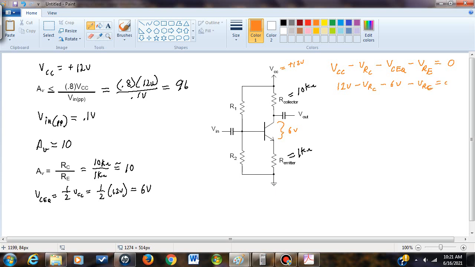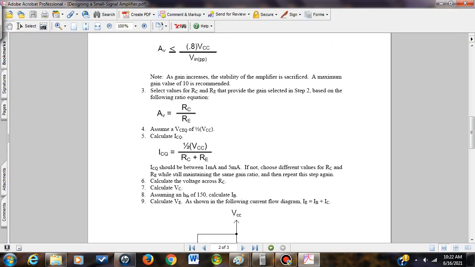So 12 minus 6 leaves us with 6 volts, minus the voltage drop across the collector resistor, minus the voltage drop across the emitter resistance, and that's going to give us 0. So in other words, 6 volts is going to have to be spread across the resistor across the collector plus the voltage across the emitter resistance.